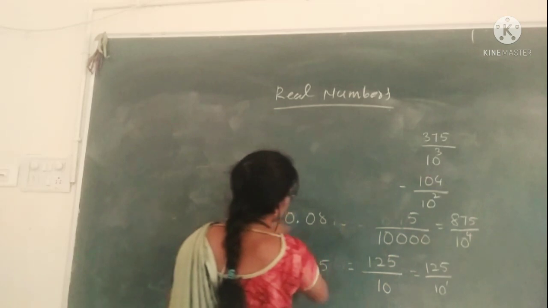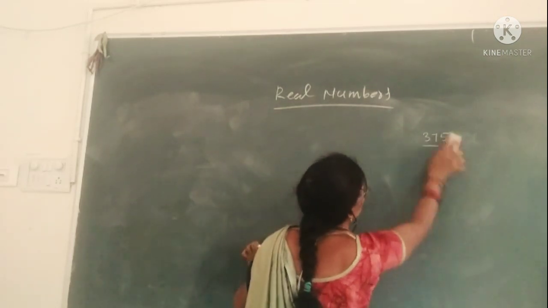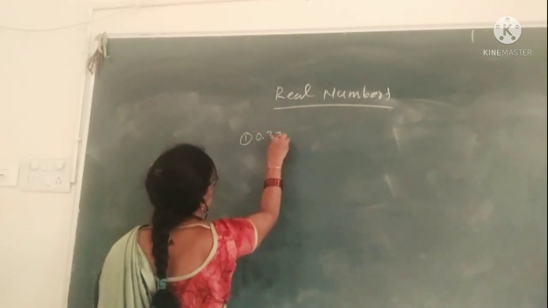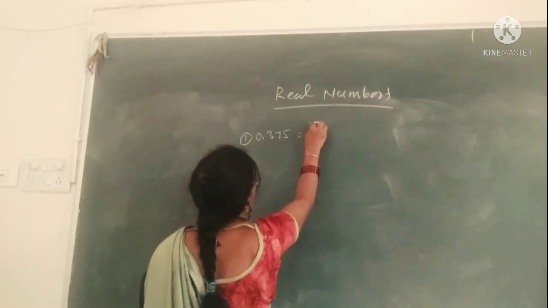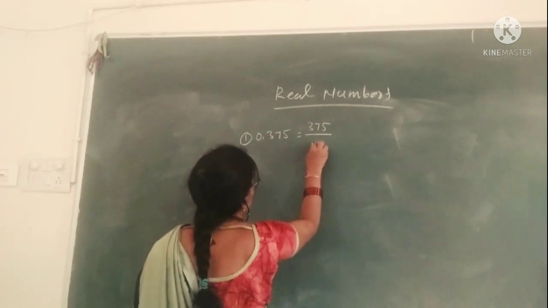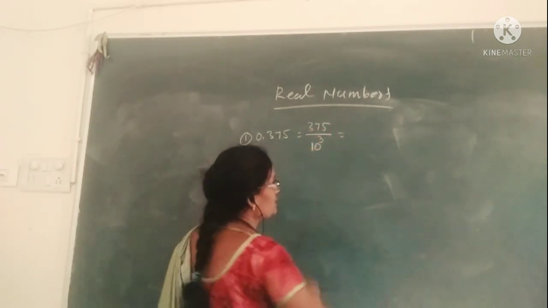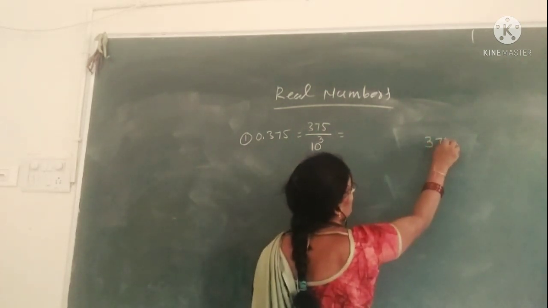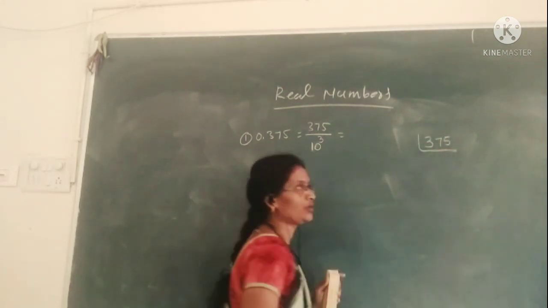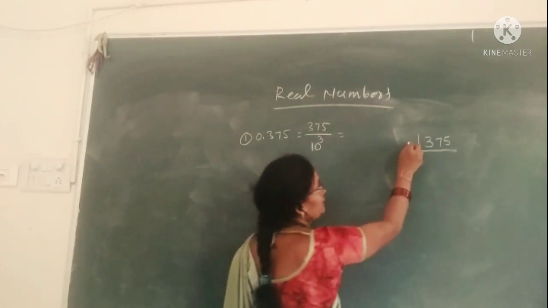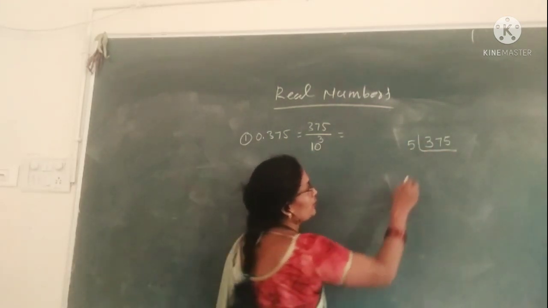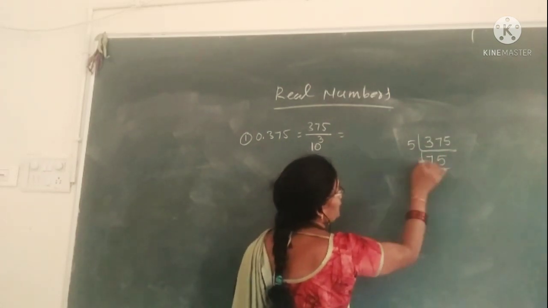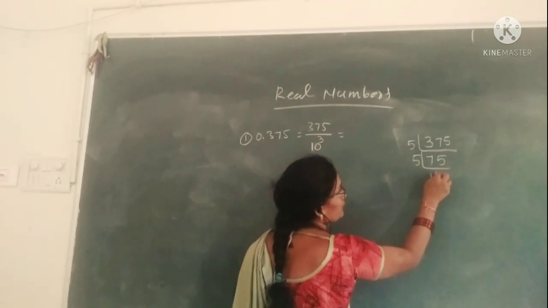First one: 0.375 is equal to 375 by 10 to the power of 3. We find the prime factorization of 375 by the small division method. We divide by 5: 5 sevens are 35, 5 fives are 25; next, 5 fives are 25, 5 threes are 15; next, 5 ones are 5.